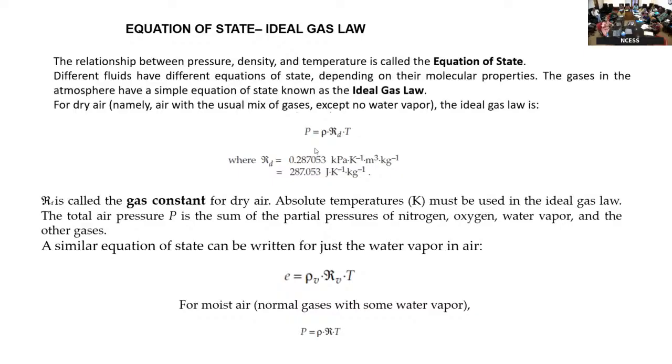A similar equation for water vapor or moist air changes the suffixes, that is e, R_v, and T: the pressure of water vapor, the gas constant for water vapor, and temperature.